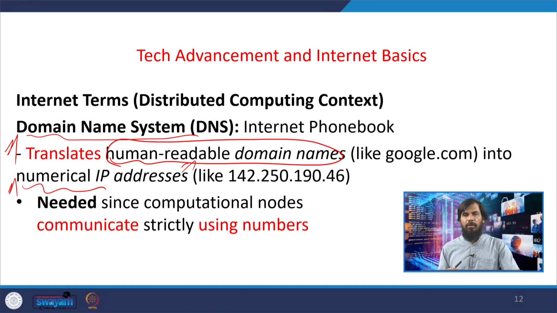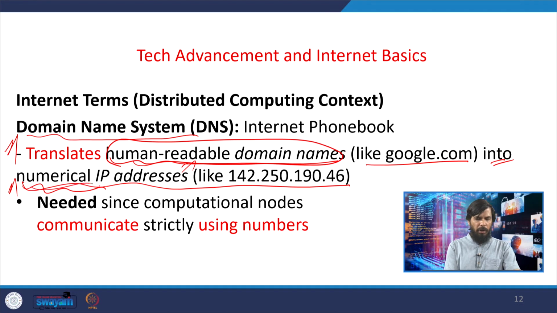It's just like a telephone directory: we remember the name and we use the telephone directory to find the telephone number. Same thing is here, we can easily remember a domain name because it is in human readable, natural language text format. But for the machine there has to be a translation of those domain names to numbers, right. So human readable domain names like google.com need to be translated to numerical IP addresses.